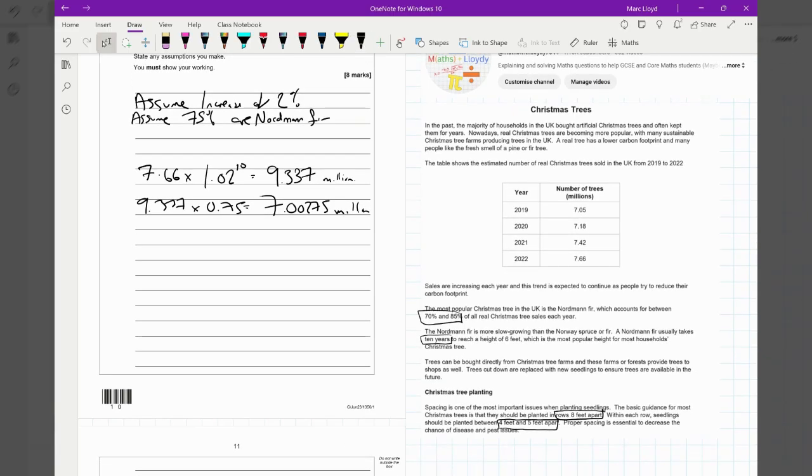What's my next step? I'm going to need to know about the area for each tree. So that in rows of 8 feet apart, the width of a space will be 8 feet. And then within each row, they should be planted between 4 and 5 feet apart. So I'm going to assume 4 feet apart in their row.